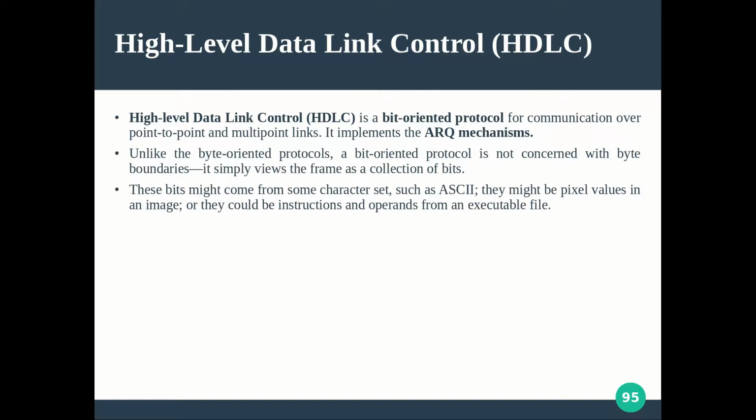That is how it gets the name, and these bits might come from some character set such as ASCII, or there might be pixel values in an image, or there could be instructions and operands from an executable file. So depending on what you are communicating, whether an image, a text file or an executable image, the information conveyed by the bits will vary.